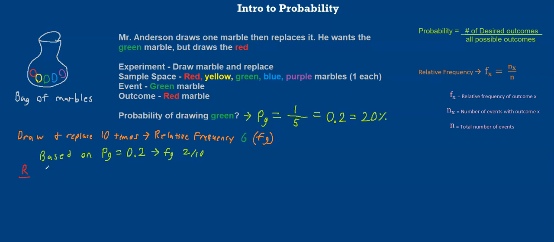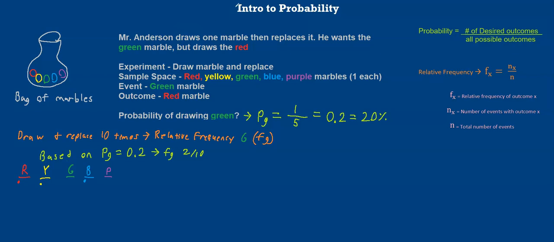So let's write out the number of each color we might see drawn if we did this experiment 10 times. Maybe on the first time we reach our hand in and pull out a random marble, and it's red. Then we replace it and draw again, and maybe the second time we draw a blue marble. Then we replace it and do it again, and maybe on the third time we draw a yellow.